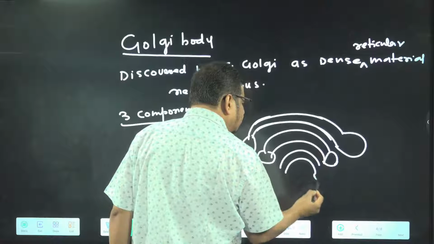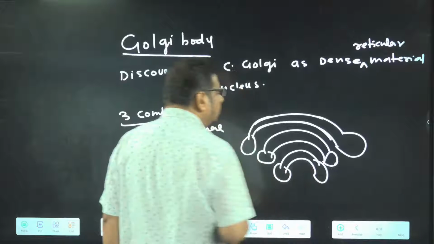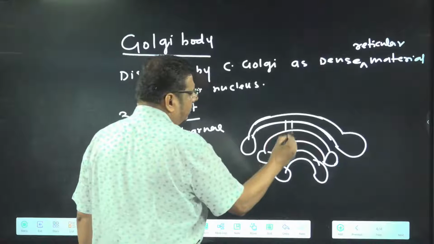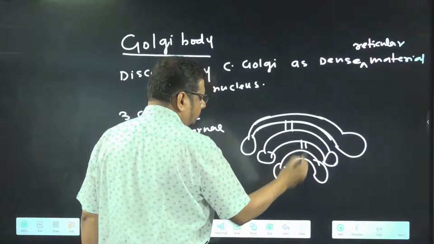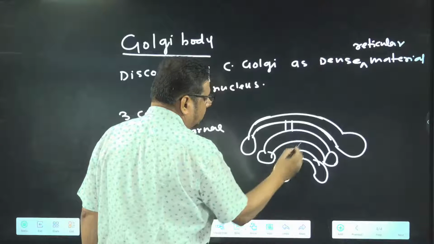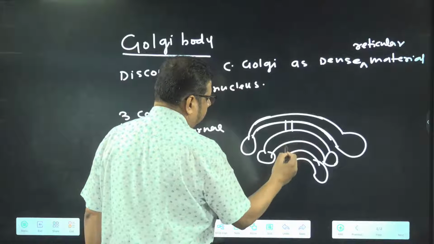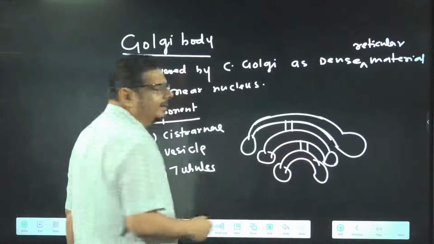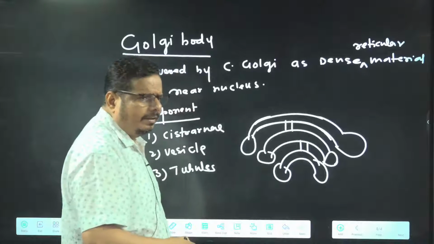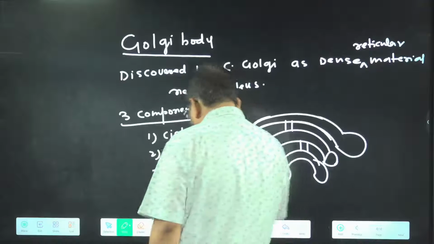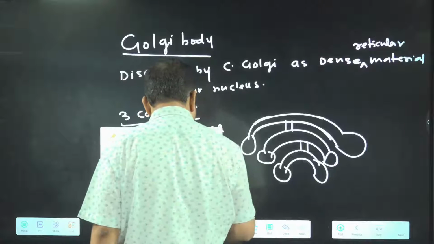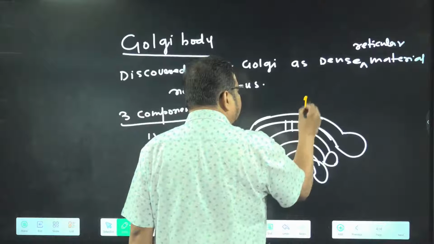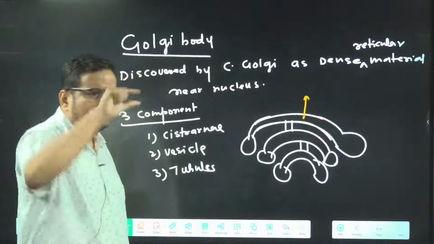It is somehow concentrically arranged, na? And they are interconnected also. Getting the things? So these are cisternae. So what is the diameter of the tube? NCERT wrote the diameter of the cisternal tube.